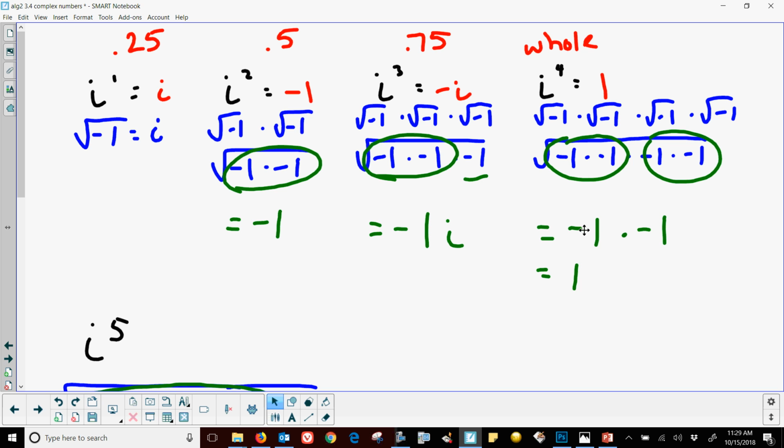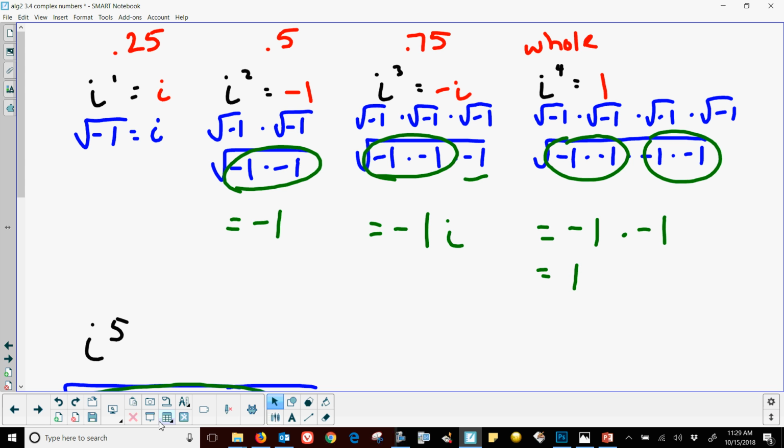This came out to be a pair of negative 1s. Oh, and look, we have another pair of negative 1s. These come out. Now, since we're out of the square root, we can multiply these together and make it a positive 1. So i to the fourth is a positive 1.